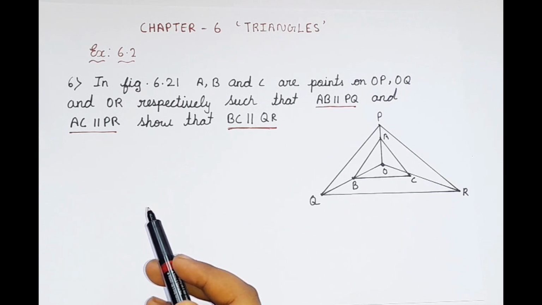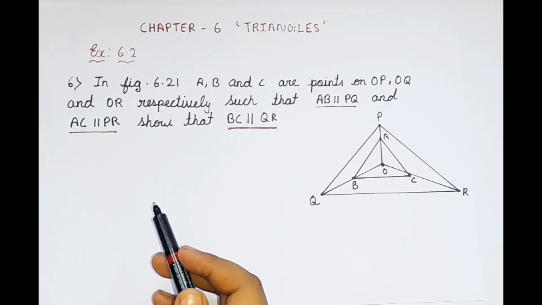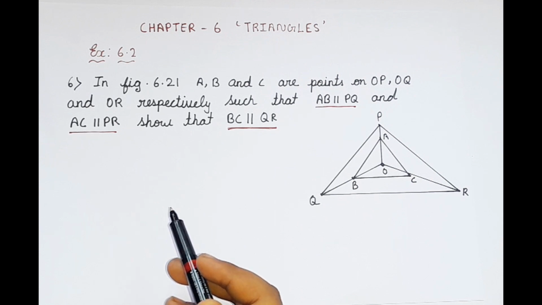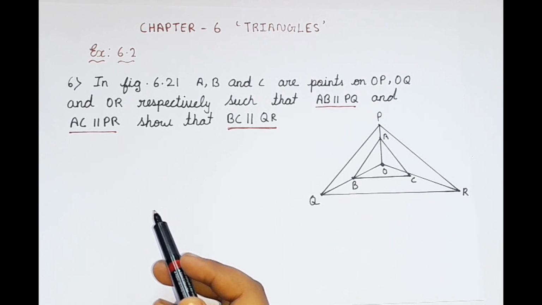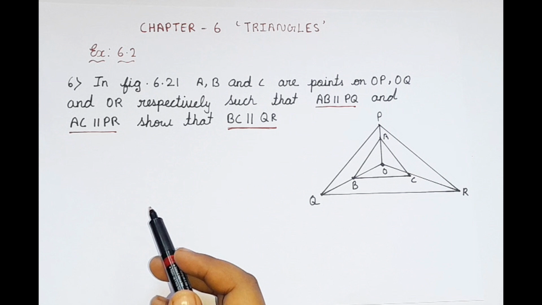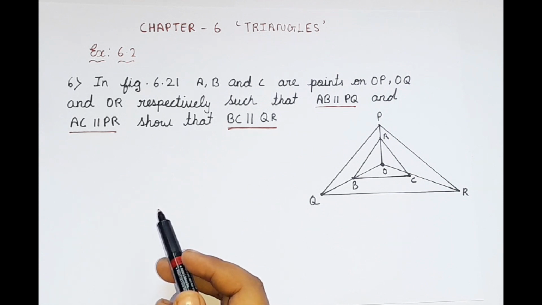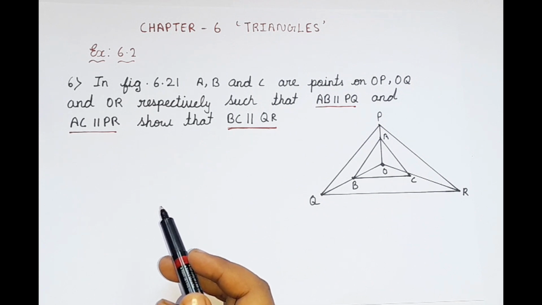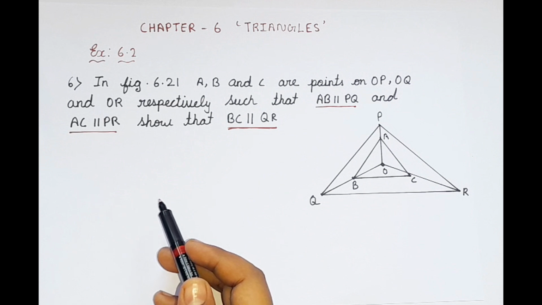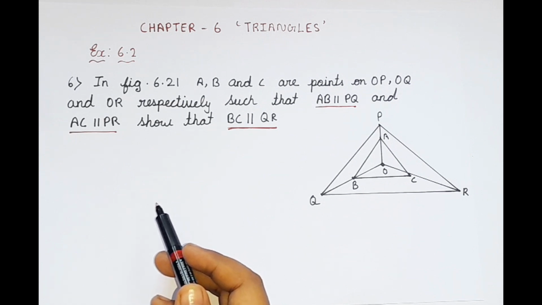In this question, according to me, I am going to apply BPT first, that is the basic proportionality theorem. In the second step, I am going to apply another theorem, that is the converse theorem. You might be wondering how to use BPT in that particular place. Don't worry, while solving the answer, I'll share the tricks.